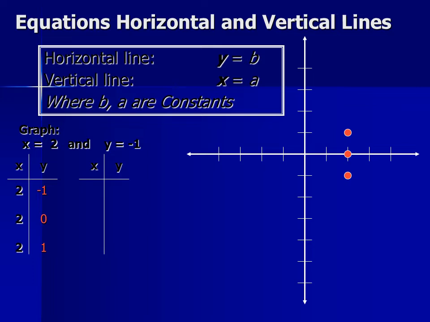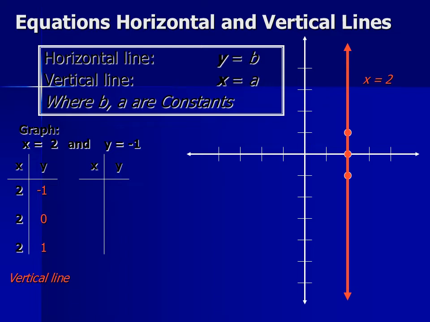Now we plot the 3 points. We will join them to form a line. This line is a vertical line. It's perpendicular to the x-axis and parallel to the y-axis. The equation for this line is x equal 2.